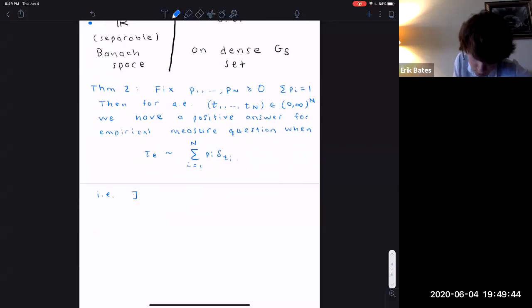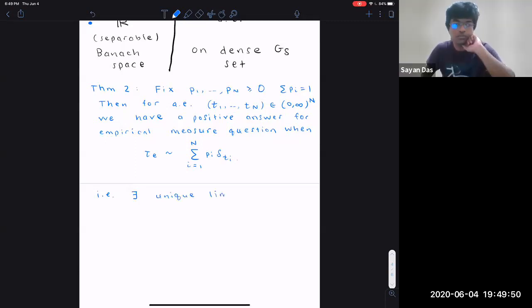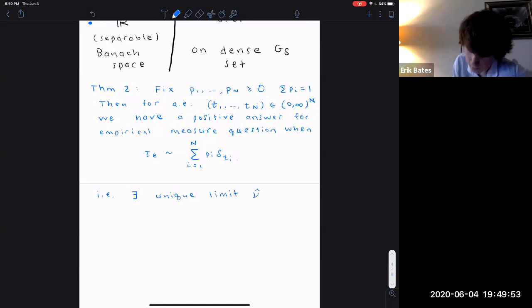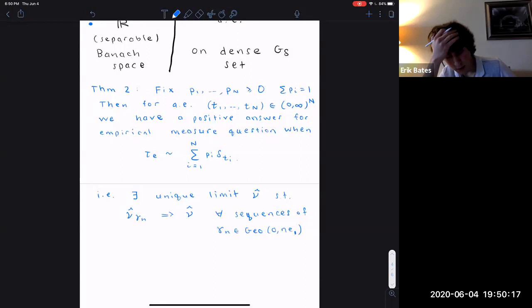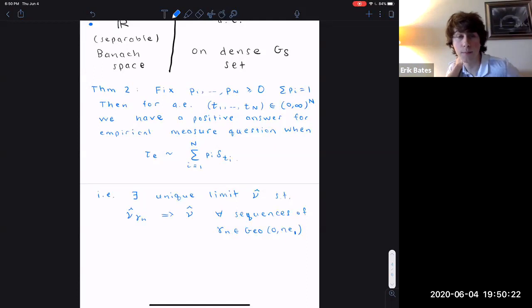I.e., there exists a unique limit nu hat, such that nu hat gamma n converges weakly to nu hat for all sequences of geodesics between 0 and any 1. So you can take any sequence of geodesics, and then the associated empirical measures have to converge to this deterministic limit weakly.